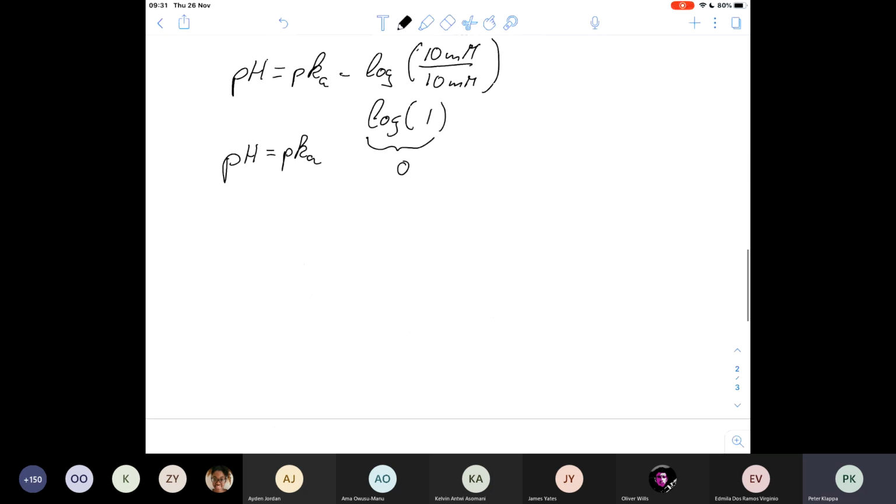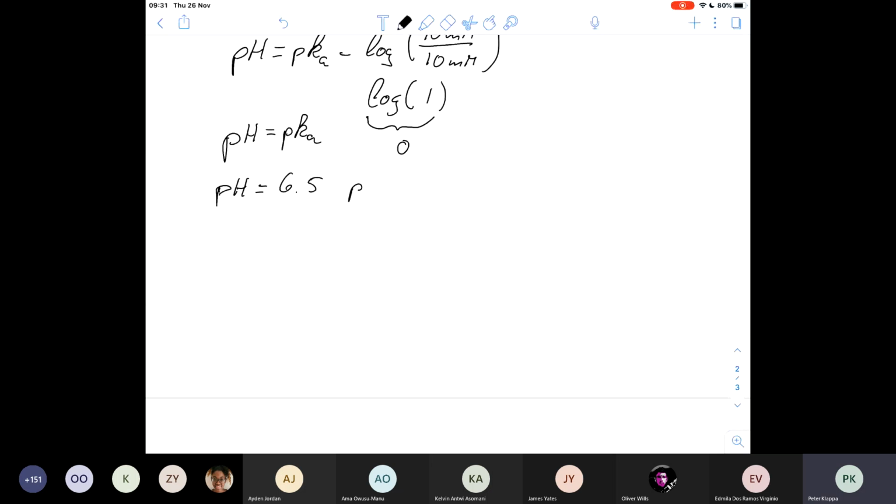In our situation, our pH is 6.5 and the pKa is 7.5. So let's calculate the ratio of acid to base. pH equals pKa minus log of acid to base.